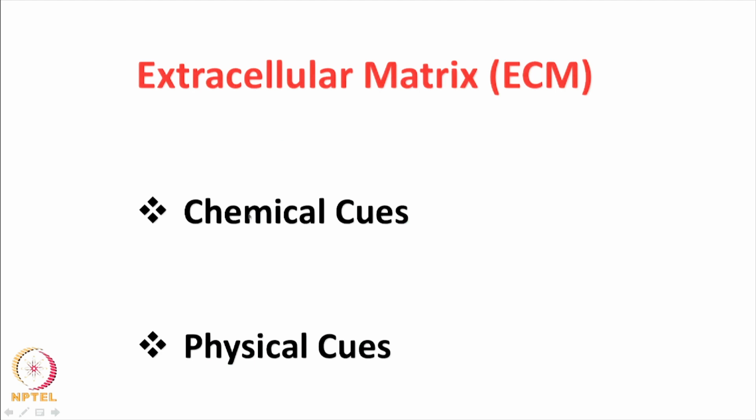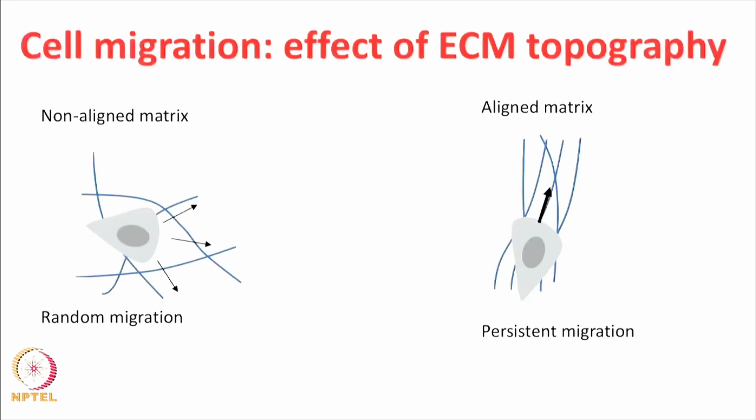So, you can divide the entire gamut of cues that the ECM provides to the cell into chemical cues or physical cues. In the last class we had started discussing the effect of topography. What I mean by topography is the relative orientation of these ECM fibers.